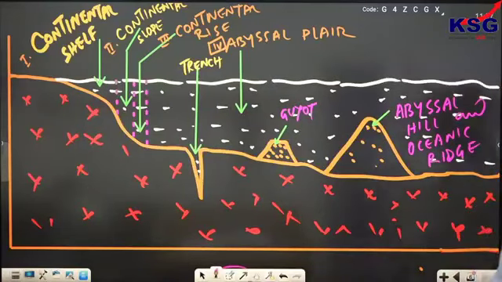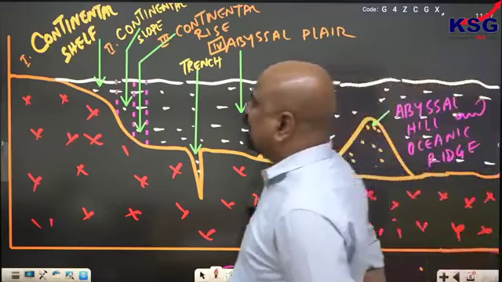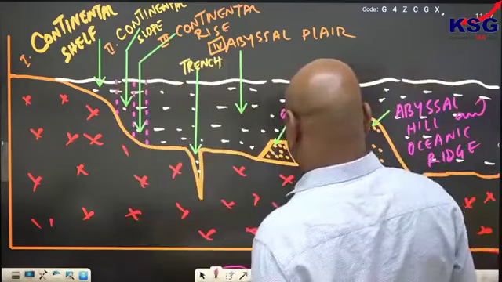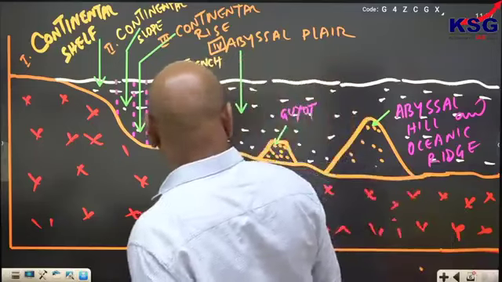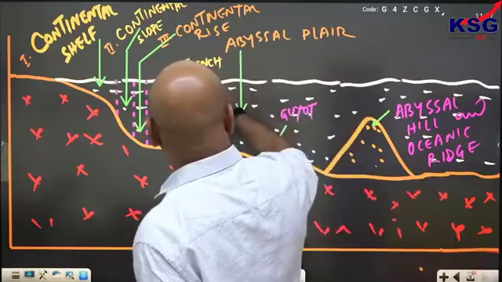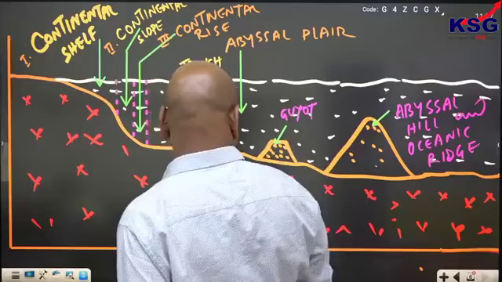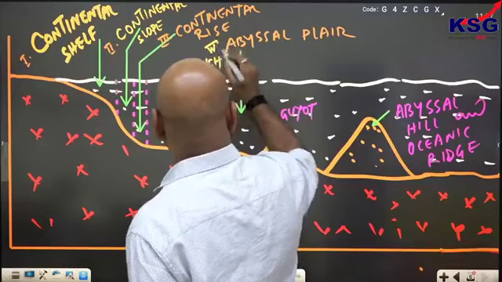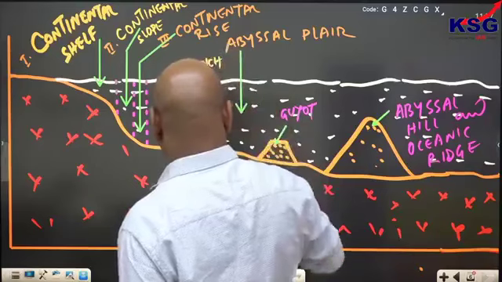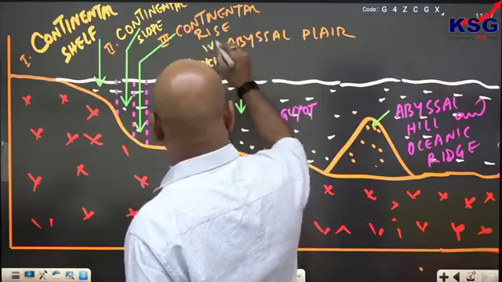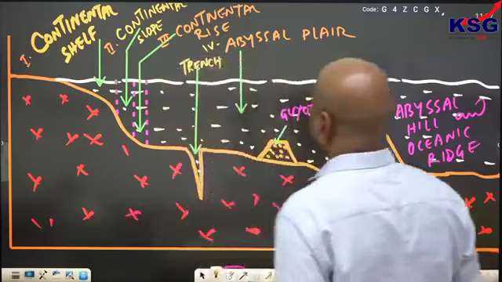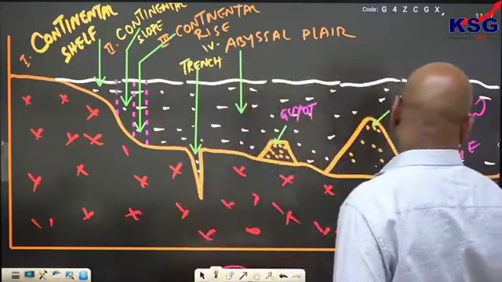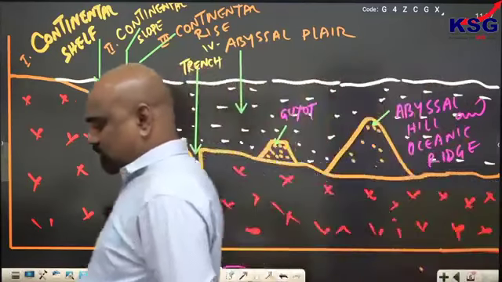Is it clear? Continental shelf, continental slope, continental rise, abyssal plain. This is the abyssal plain and trench, guyots, abyssal hill and oceanic ridge.